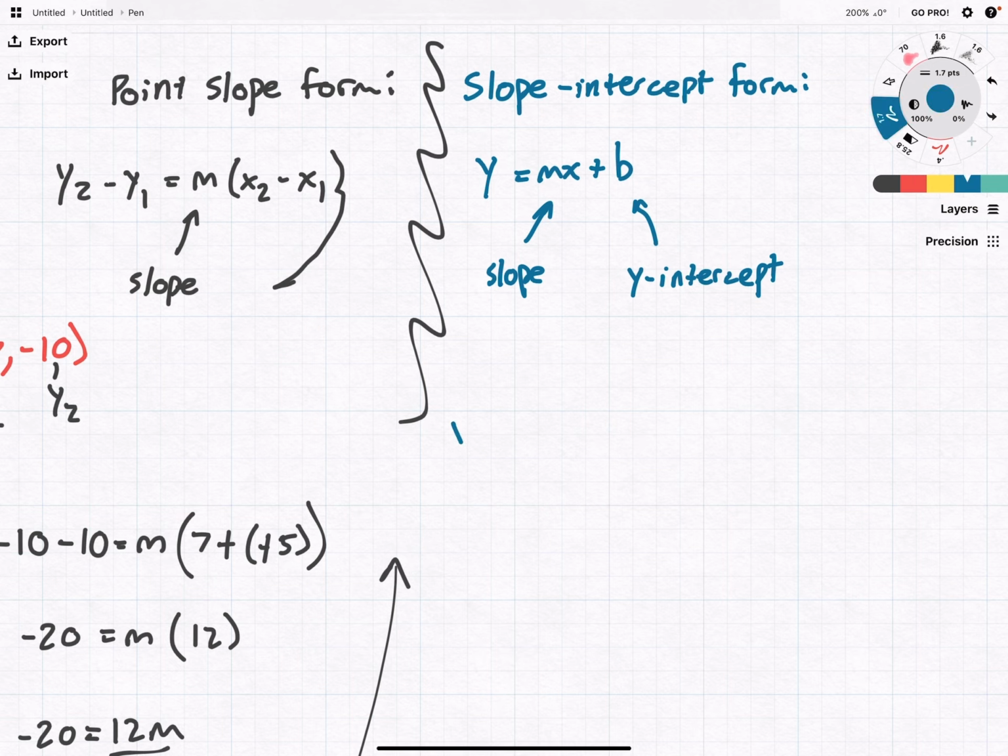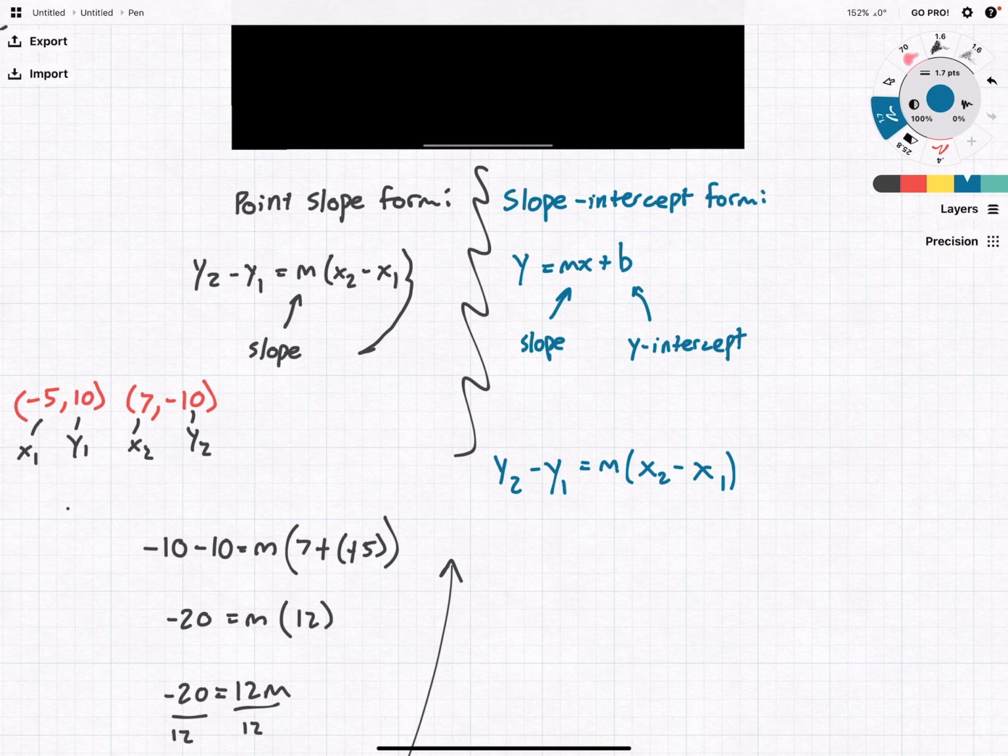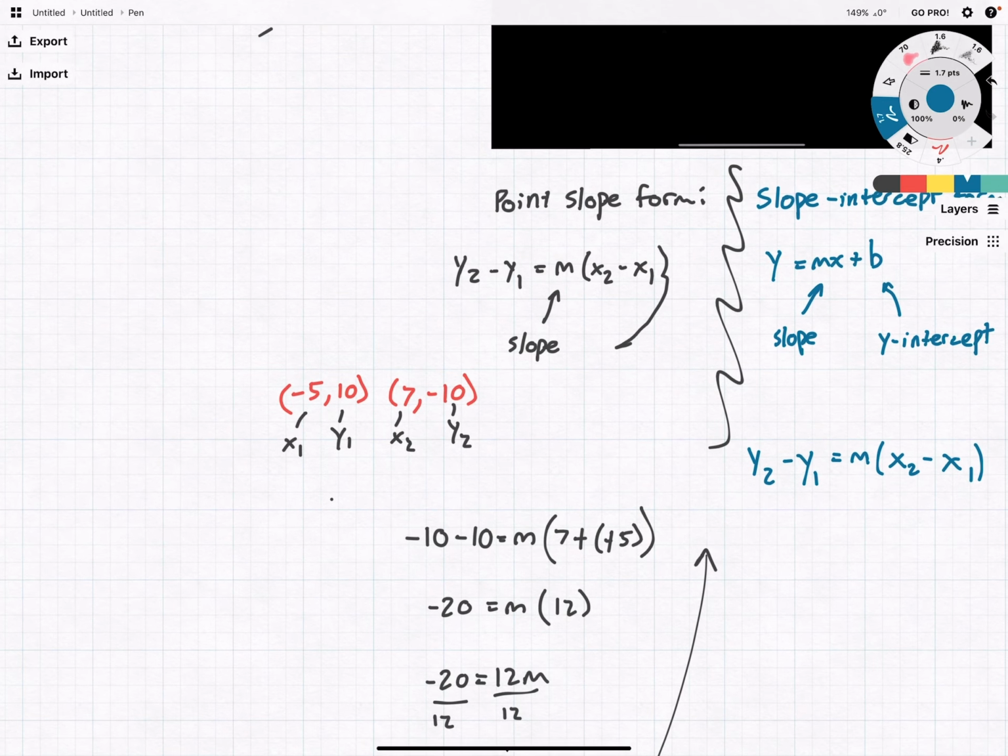Here we go. We have y2 minus y1 equals m times x2 minus x1. And let's see. Well, we'll have to use a negative number either way. So let's use this one over here: -5, 10.